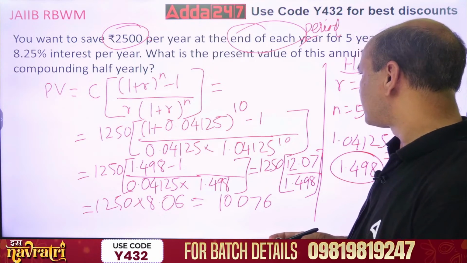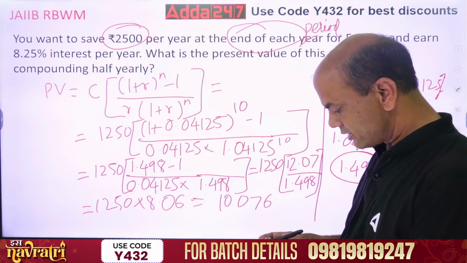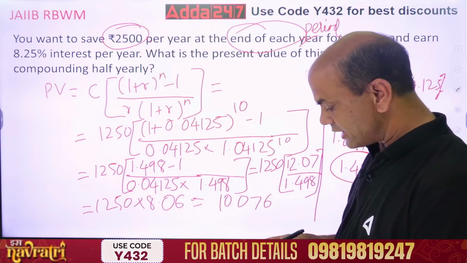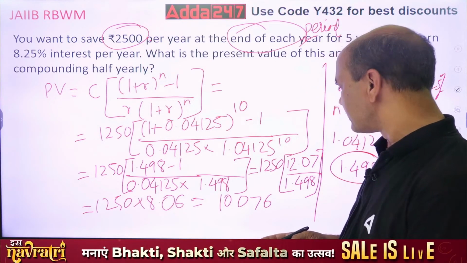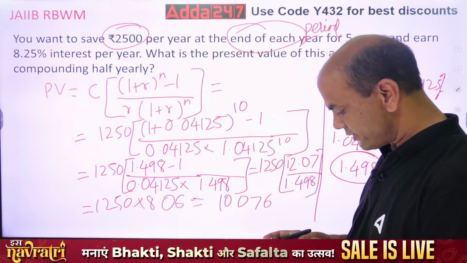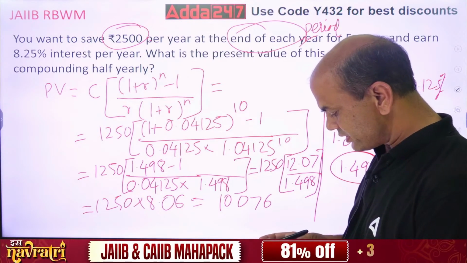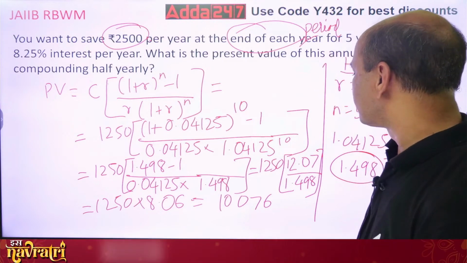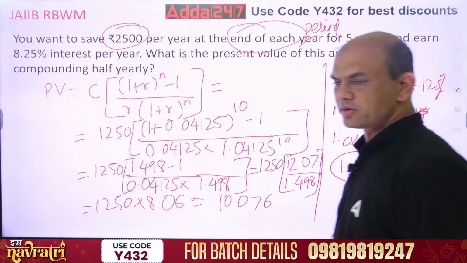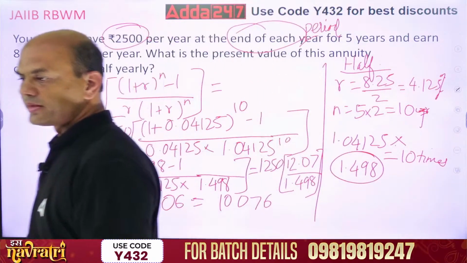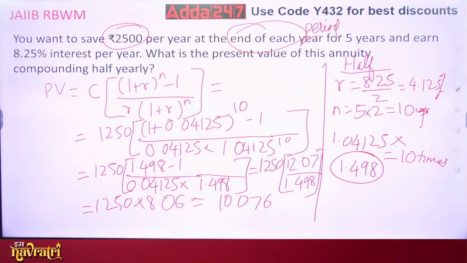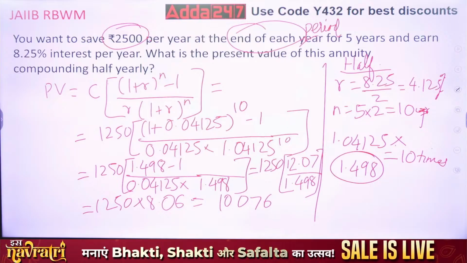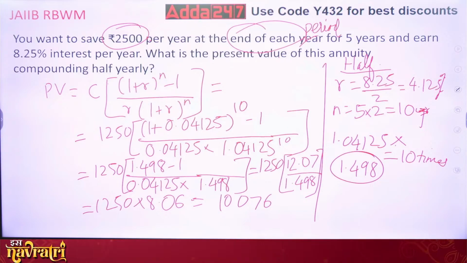So that is equal to 8.061 into 1250. So 10,000 something you are getting. Correct. This is the answer. Are you getting this, everyone? 10,000 something 76.